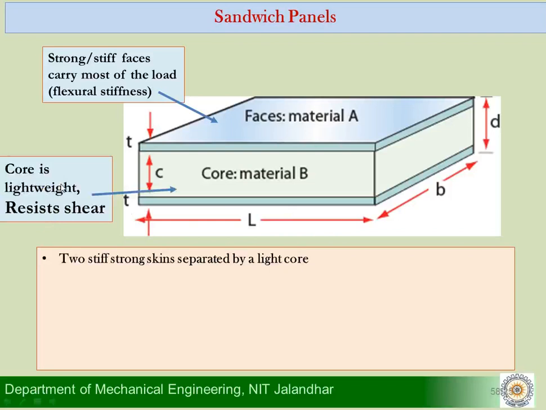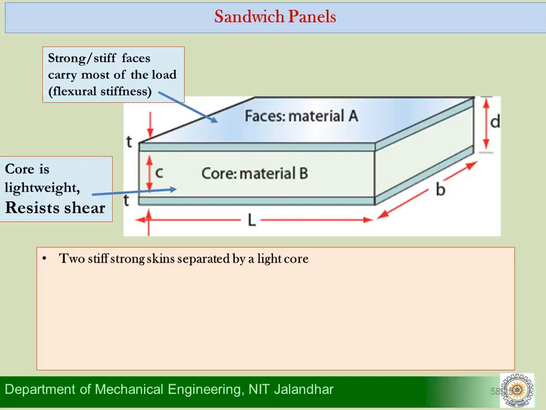Now there are various types of core materials which we'll try to refer to in our next discussions. Foams are the most commonly used core materials for sandwich structures. Honeycombs are another one. There are also some variations in terms of textile fabric which can be used as a core material.